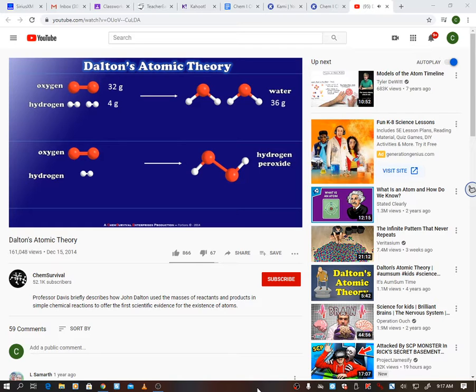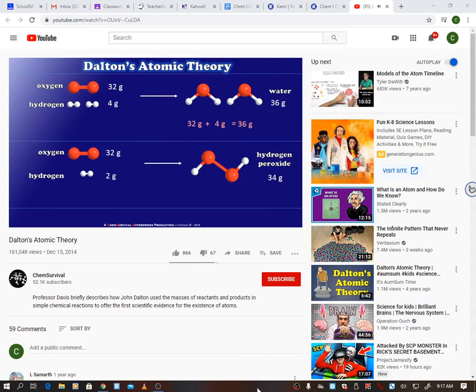Looking at the top reaction, let's say that I start with 32 grams of oxygen. I'll need 4 grams of hydrogen to completely convert that oxygen into water. And when I measure the amount of water formed, I get exactly 36 grams. Now, you probably noticed that the sum of the masses of all the starting materials in this case is equal to the mass of the products. And this observation will actually hold for any chemical reaction.